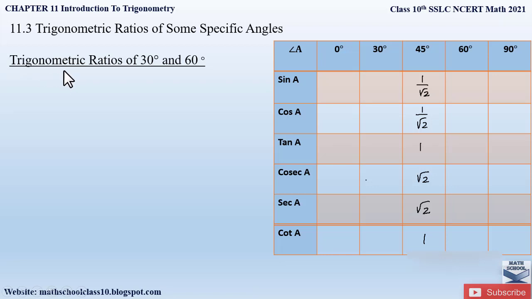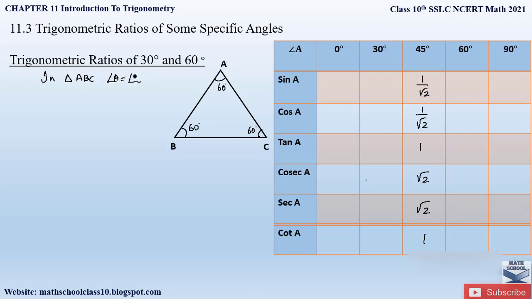Now let us find out the trigonometric ratios of 30 and 60 degree angle. So here we will consider an equilateral triangle ABC. As we all know, all the three angles in an equilateral triangle are equal and each will be equal to 60 degree. In triangle ABC, angle A is equal to angle B is equal to angle C, and that will be equal to 60 degree.